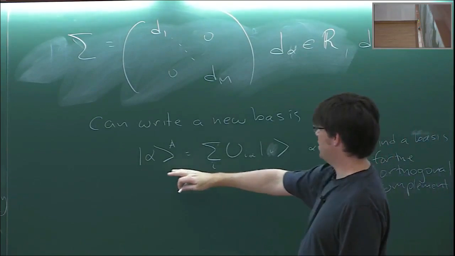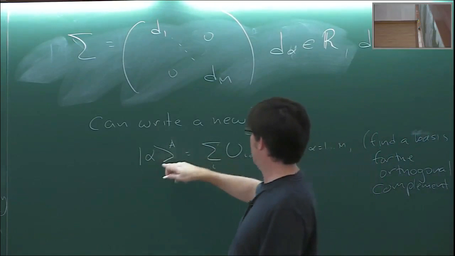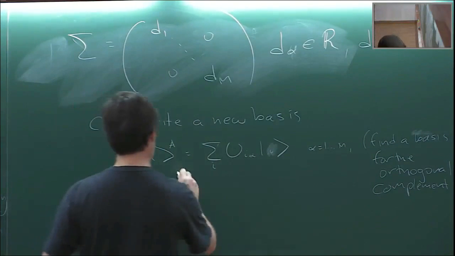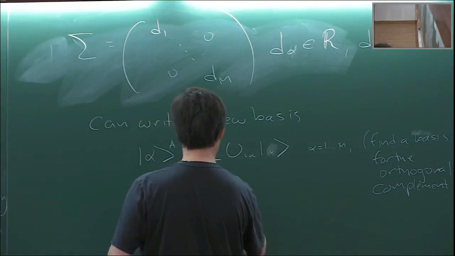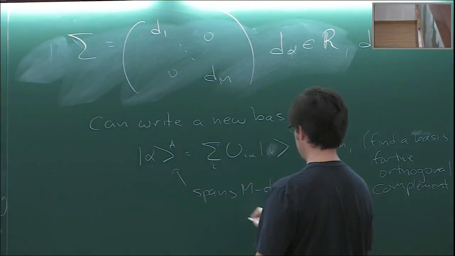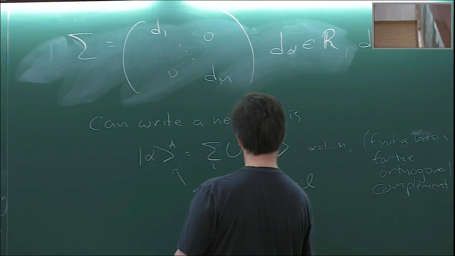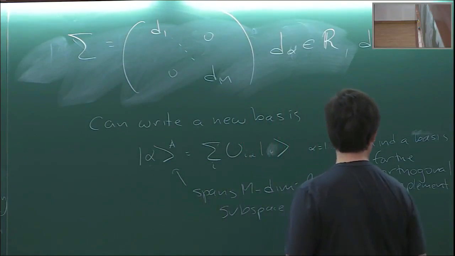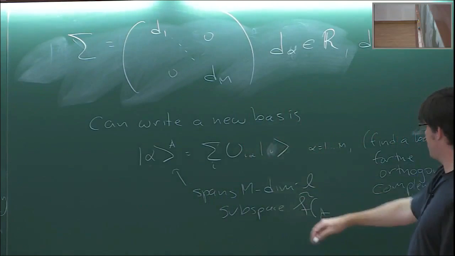By which I mean this basis here, alpha only runs from 1 to m, which is generally less than n. So this will span an m-dimensional subspace H tilde A. So here, this will form a basis for that subspace.